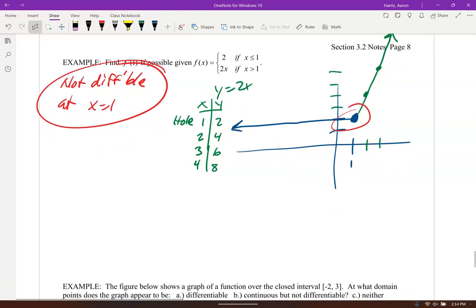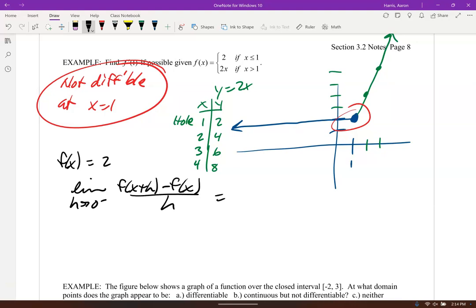Now, if you were to run through the limit, you'd say, well, if you do it for f of x equals 2, and you were to run through the limit as h approaches 0 from the left, f of x plus h minus f of x all over h, you'd get this to be 0.